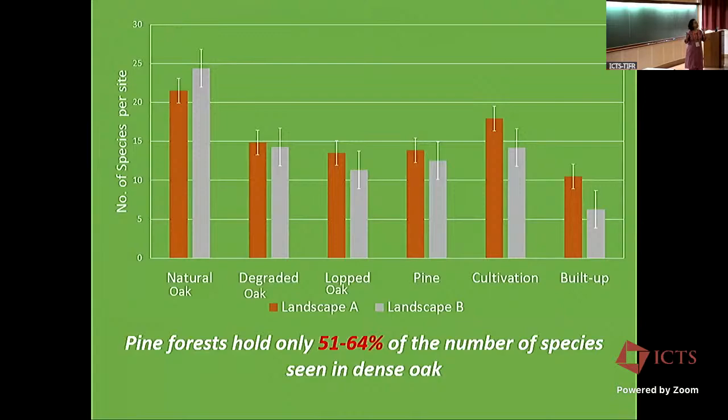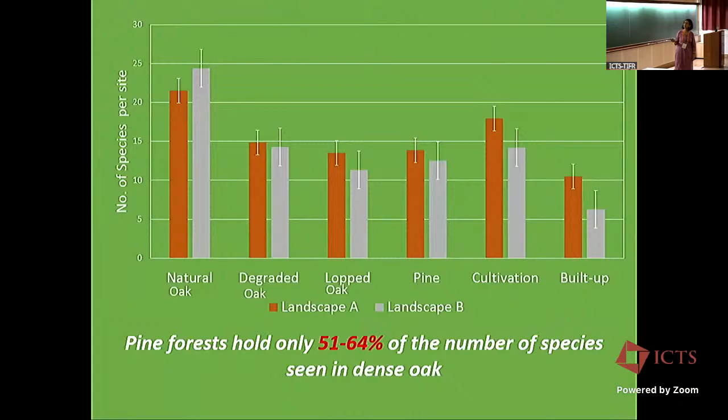Of course, in ecology data, this can be considered a pretty clear pattern because there's so much variance in the data, right? You can see that natural oak is definitely richer in species than all of these other land uses. And all these other land uses, interestingly, are very similar. When you degrade an oak forest, it has a similar number of species as pine, agriculture and built up areas.